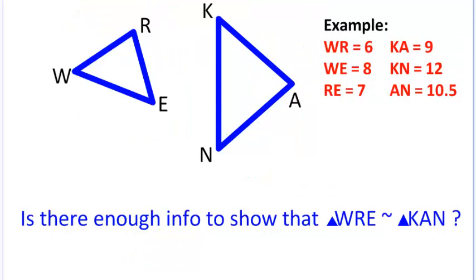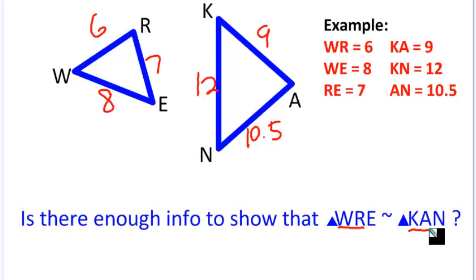All right, a little different take on it this time. Here WR is 6, WE is 8, and RE is 7. KA is 9, KN is 12, and AN is 10.5. Is that enough to show the two triangles are similar? So, well, let's see. Side WR would have to correspond with side KA.